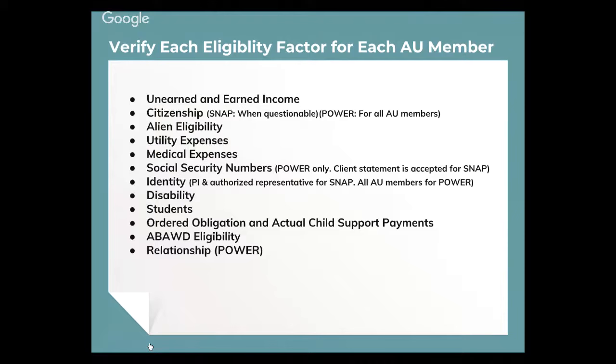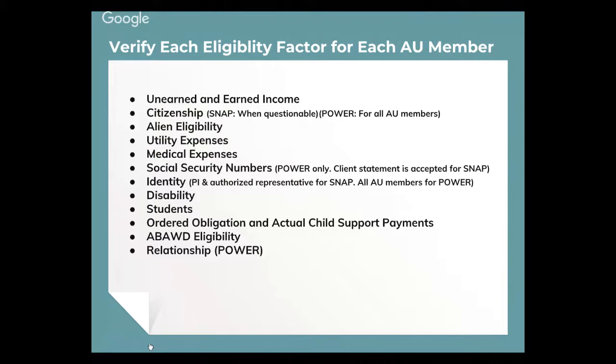We may need to verify someone's disability if they are disabled, and how that plays into other pieces of eligibility, such as work requirements and things like that. Student status, if we have someone who is a higher education student, we may need to verify their status. Are they full-time? Are they part-time? Are they receiving income? All of those things. And then also the ordered child support obligation amount and the actual child support payments that are being made.